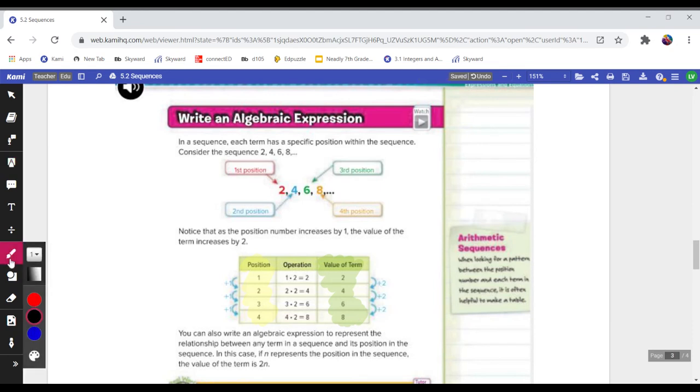Now in the middle column, that is the operation. So that means 1 times 2 equals 2. 2 times 2 equals 4. 3 times 2 equals 6. 4 times 2 equals 8. So this means that we are multiplying by 2 each time.